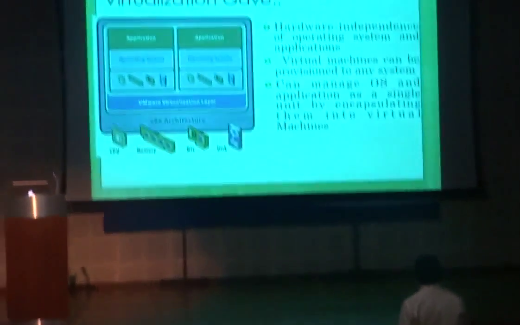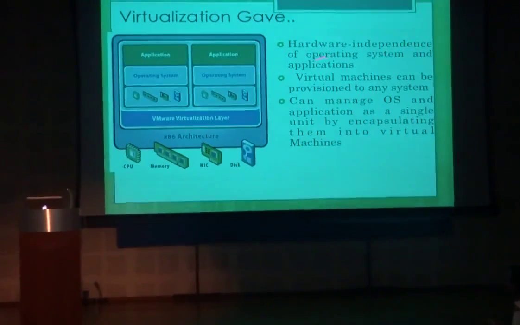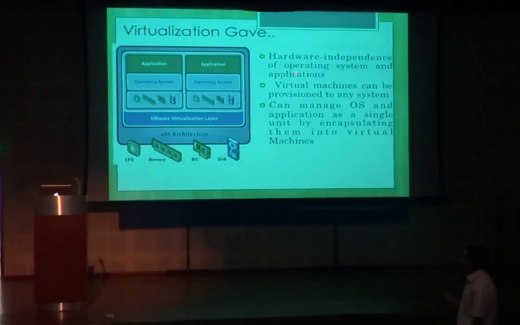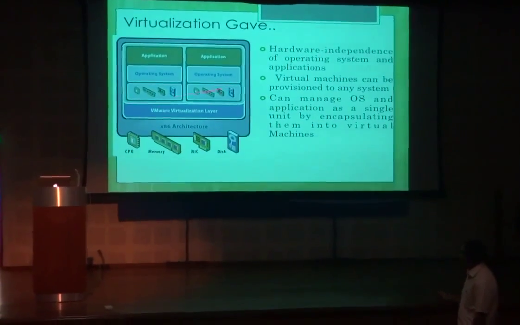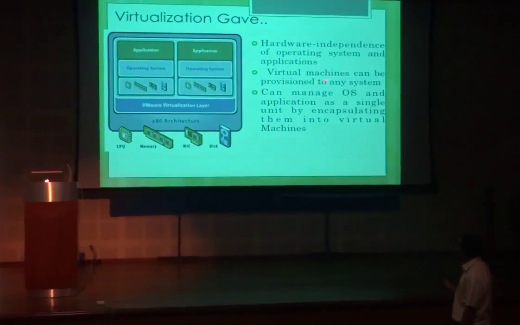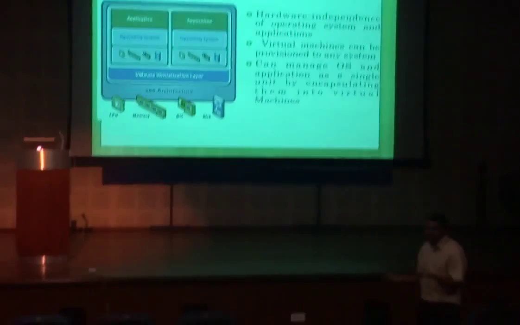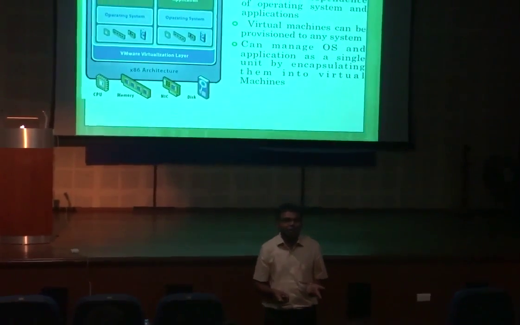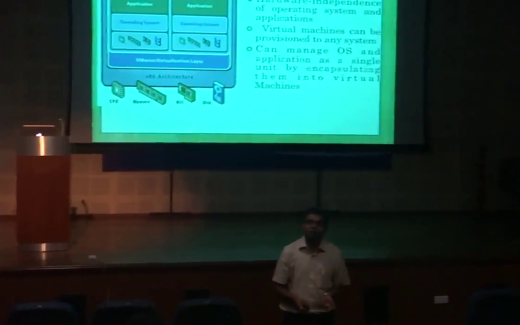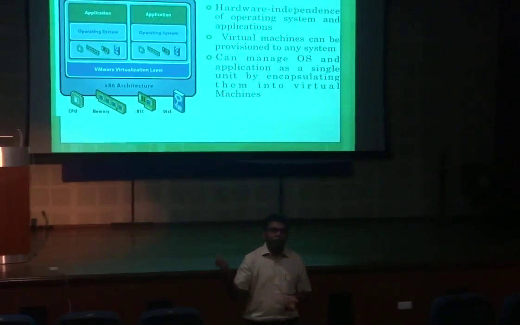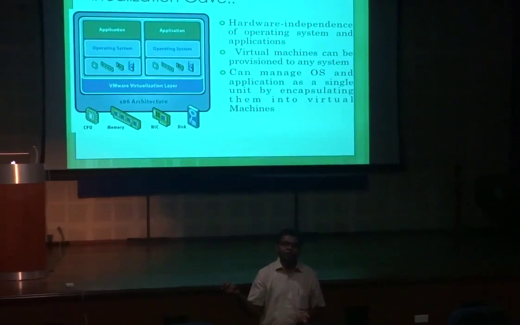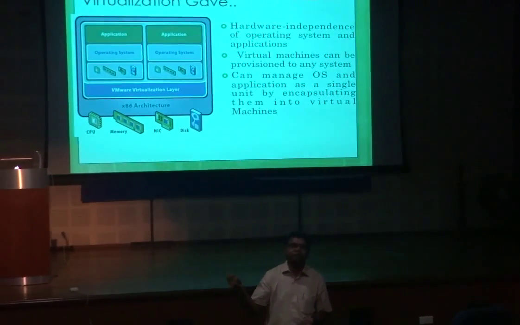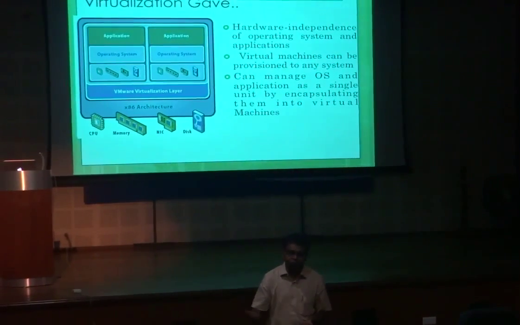What does virtualization give? Hardware independence of operating system and application. How it gives, we will see. Virtual machines can be provisioned to any system. Any system you have, you can create a virtual machine on it, irrespective of the operating system, irrespective of the configuration of the hardware. Today on my Mac, I will be configuring a Linux machine or a Windows machine using Microsoft Azure.